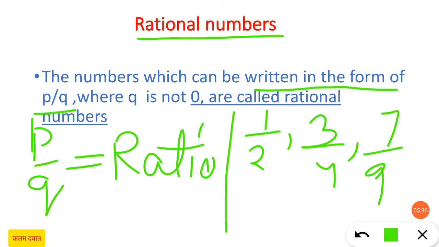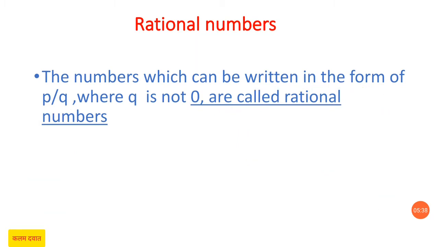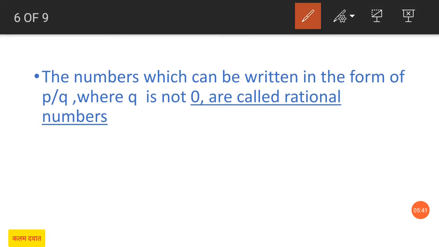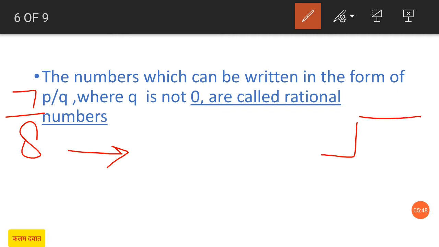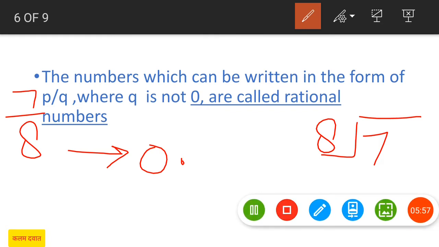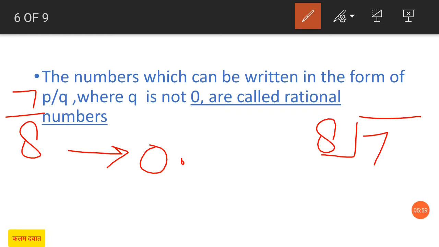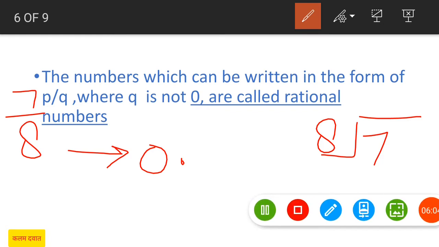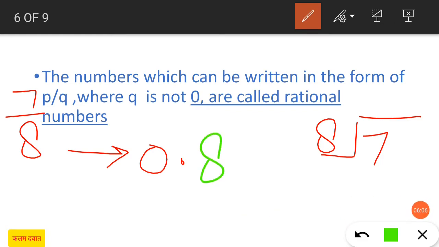There are two cases possible in this rational number form. Suppose we have taken 7 upon 8. When we solve this using the division method, what will we get? We will get 0.875.